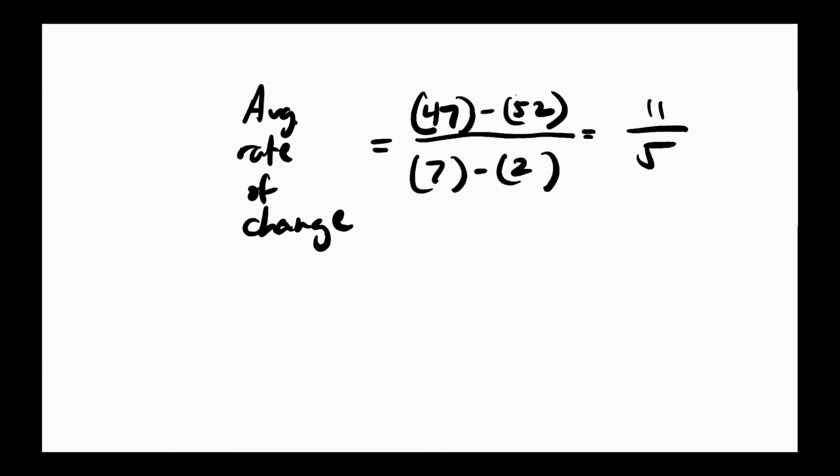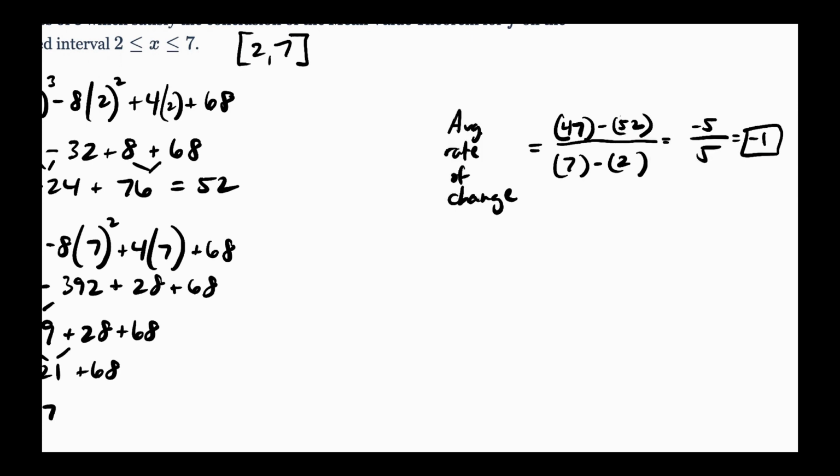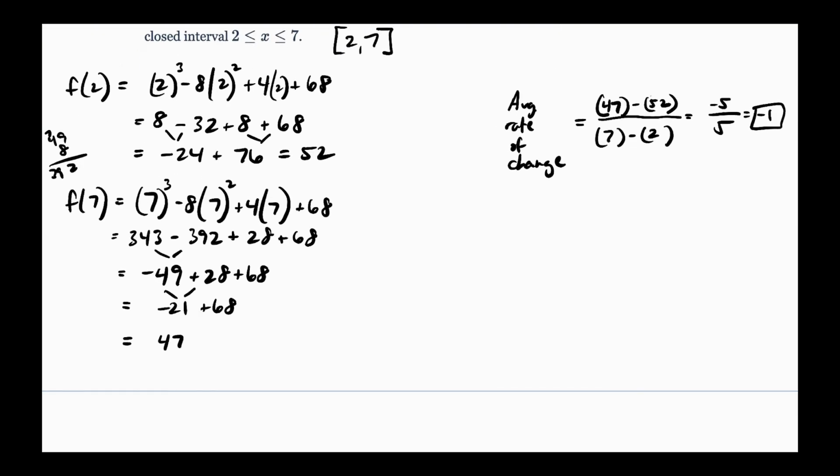So then I would get negative 5 over 5, which is negative 1 for the average rate of change from 2 to 7.